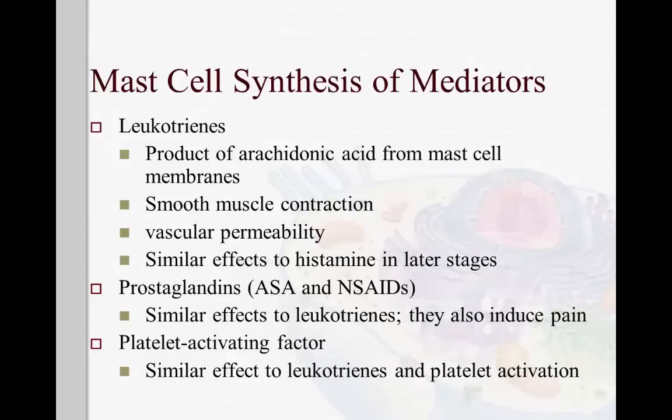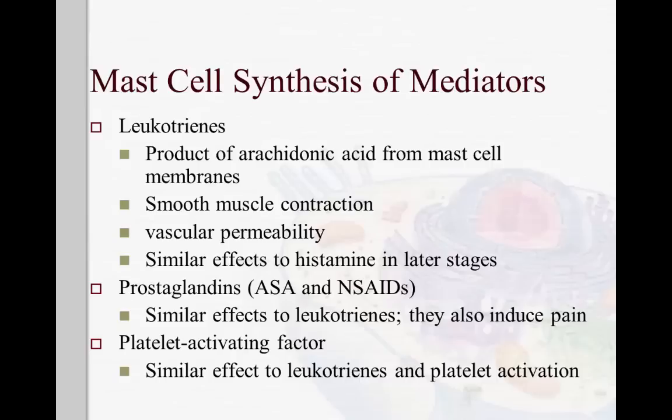Leukotrienes are a product of arachidonic acid, and what they do is basically brief smooth muscle contraction followed by vasodilation, increased capillary permeability, and chemotaxis or diapedesis of neutrophils to the area of infection. Then prostaglandin is another product of the arachidonic acid cascade.